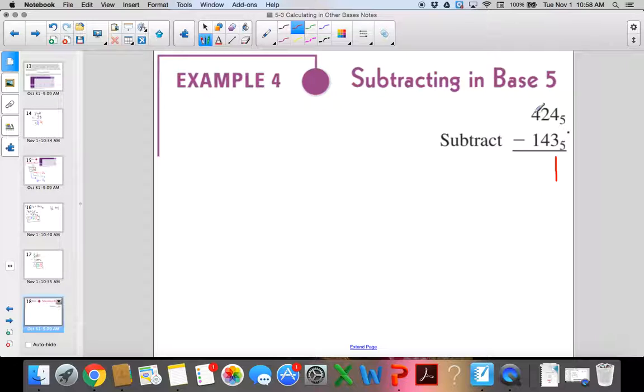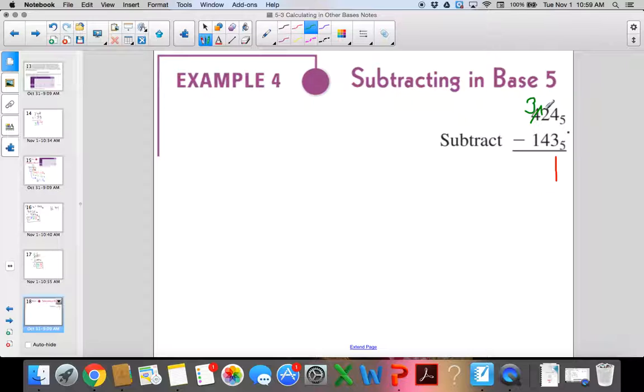You really need to think about what you've got when you do that, because when I borrow from 4, I'm not borrowing 100. Let me just show you. When you borrow from here, you're left with a 3, and you're going to move 1 over here.